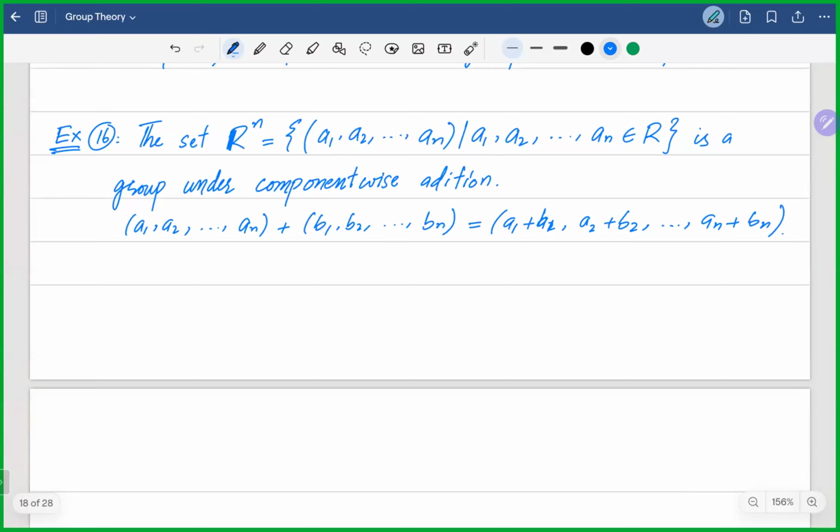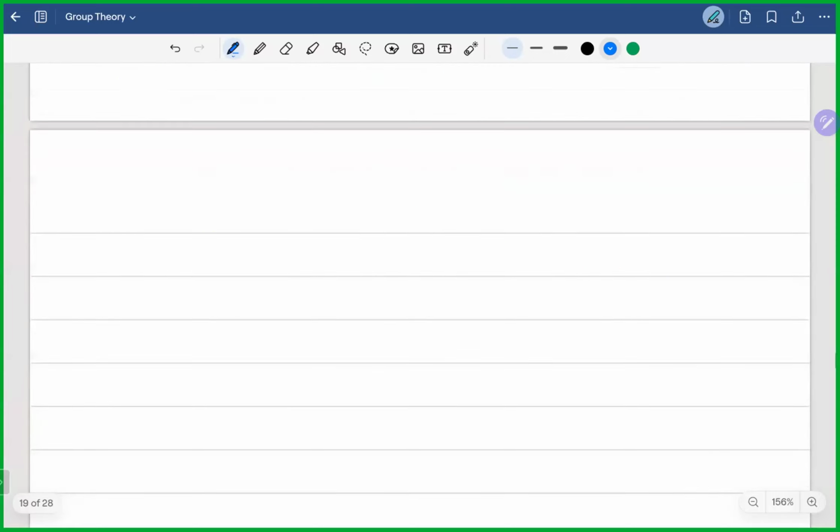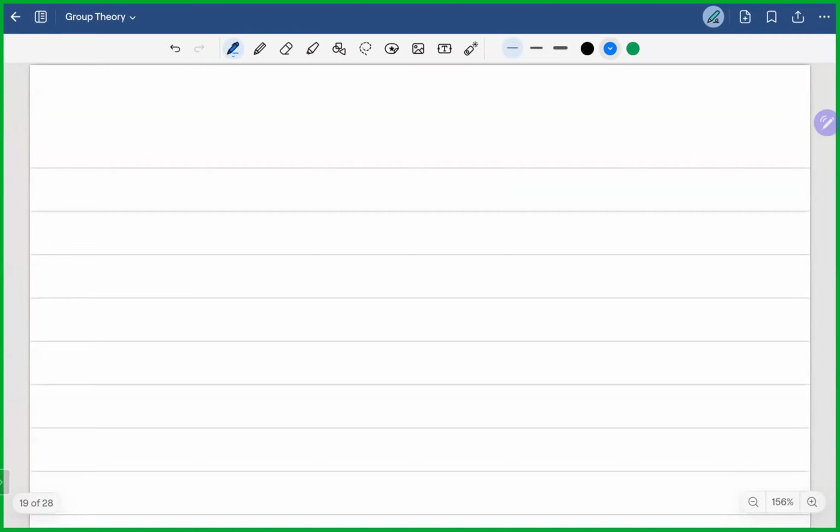Now we can move further and present a few more examples, but we are running out of them now because this is a complete example class. So I will try to present most of them.